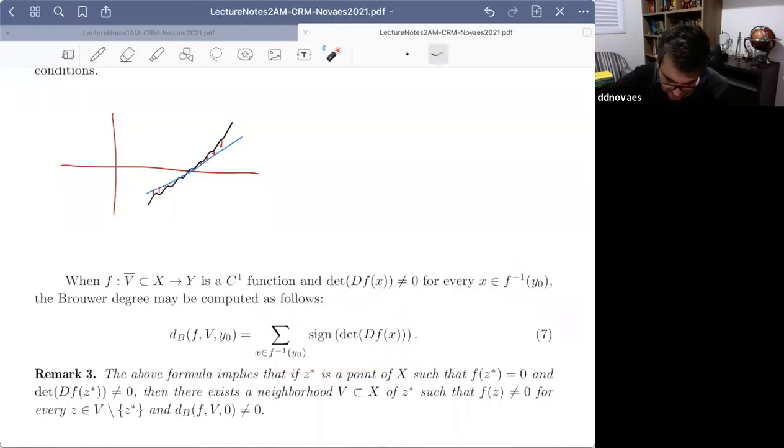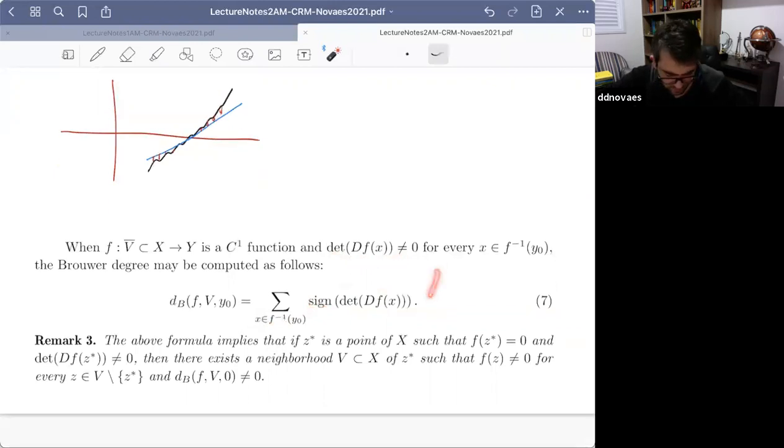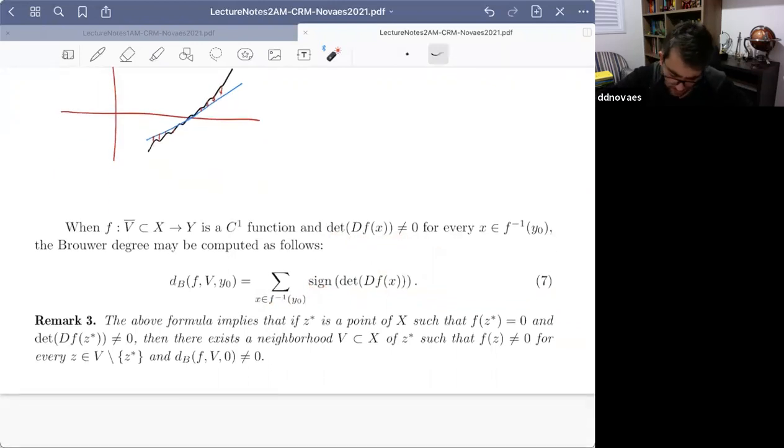It's just the sum of the sign of this determinant. Since it is distinct from 0, it has a sign. So it's the sum of the signs, varying x in this inverse image of y0.